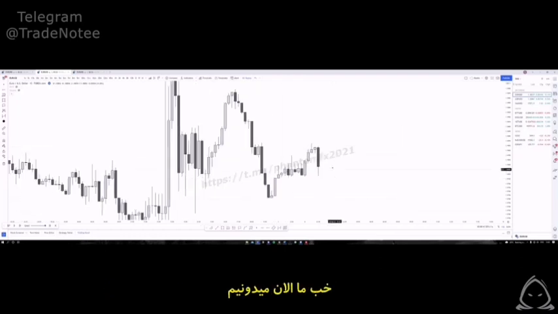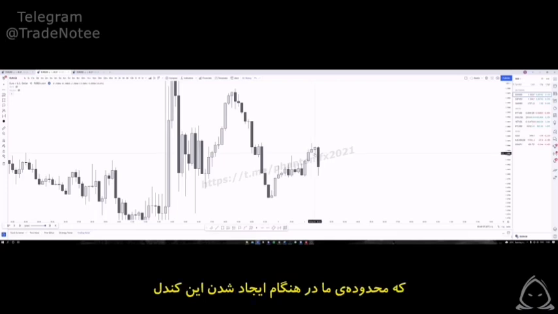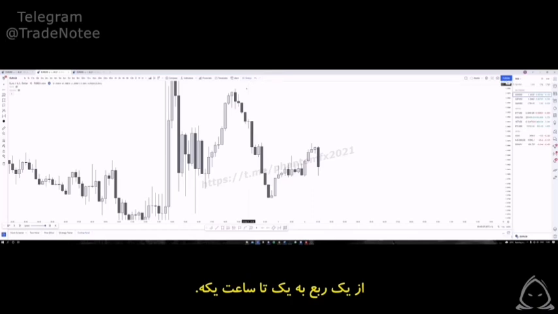So we now know that our range will be formed in the time that this candle is formed. So this candle is from 1:45 to 1 o'clock. Let's just cut this candle here.